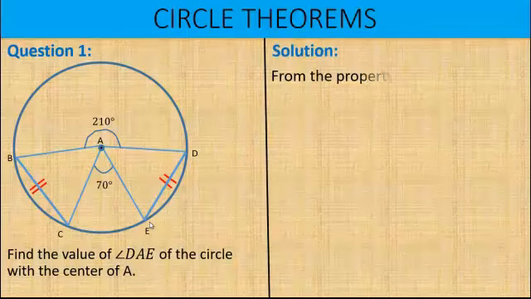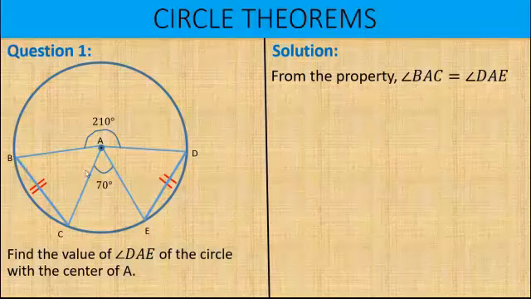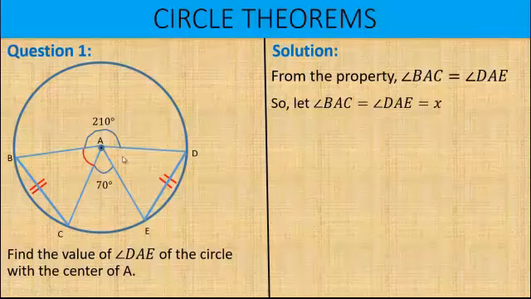Let's solve this together. From the property, we know that angle BAC is equal to angle DAE. So we can say that let angle BAC equals angle DAE be x, because they are all equal.